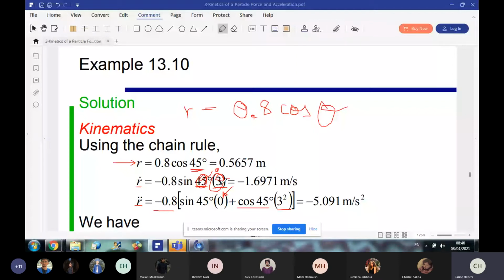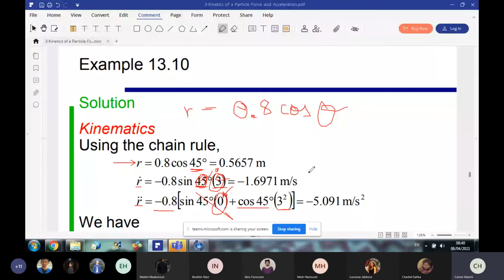So the derivative would be minus 0.8 sine theta theta double dot minus 0.8 cosine theta theta dot squared. But here, since theta double dot is 0, the first term vanishes, and you only have that r double dot is minus 0.8 cosine theta theta dot squared. Now we calculated r dot and r double dot at the desired angle, which is 45 degrees.